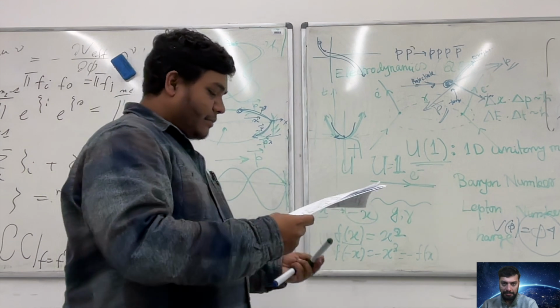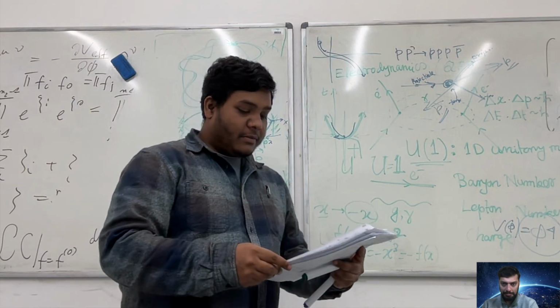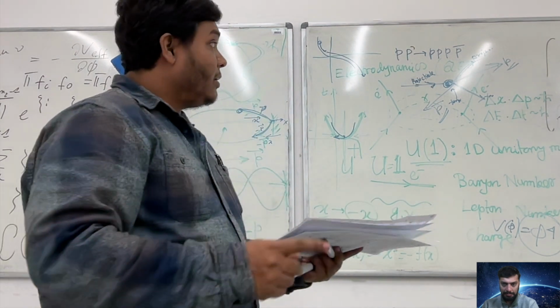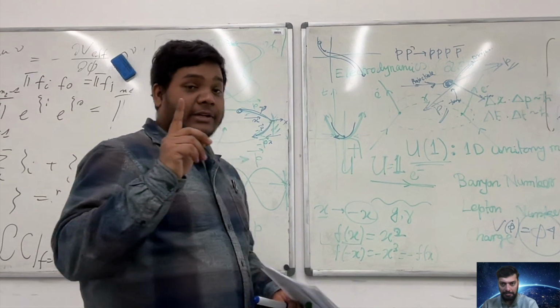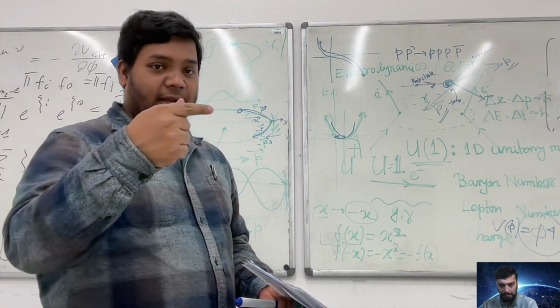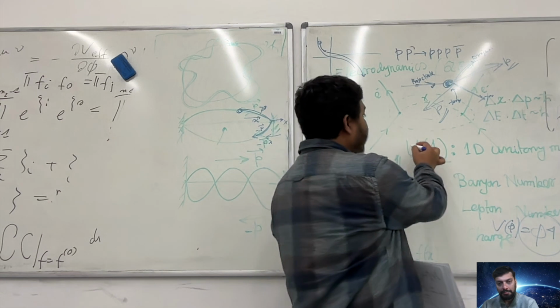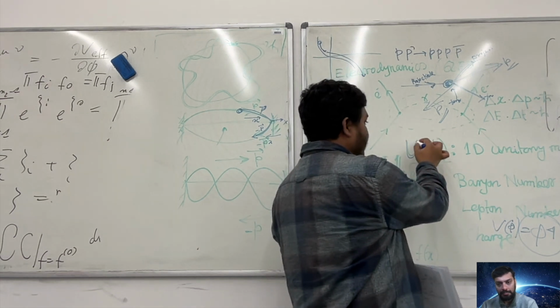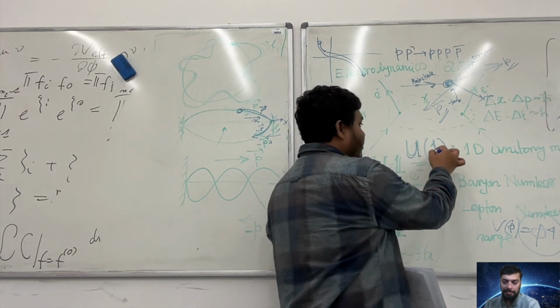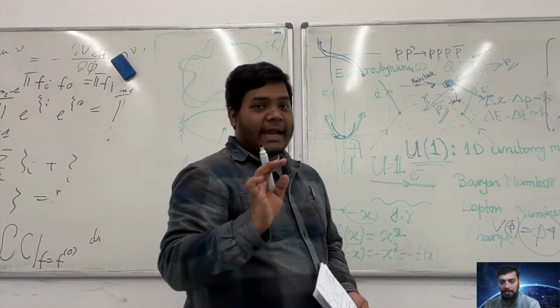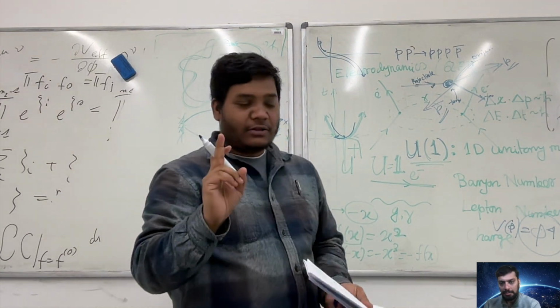Okay, so this is about quantum electrodynamics. Also in the next class, when I do the derivation, along the way I will show you what I mean by U(1) symmetry.